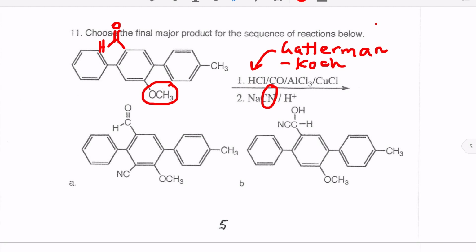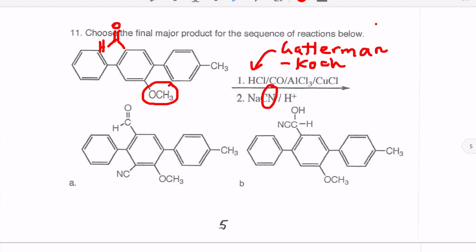Even though the cyanide ion is a very strong nucleophile, it will not attach to the phenyl ring, because that will break the aromaticity of the compound, and the aromaticity of a phenyl ring usually gives around 30 kilocalories of resonance stabilization. So we would be losing that, and it's not energetically favorable. So we're going to have to find a new place to add the cyanide ion.